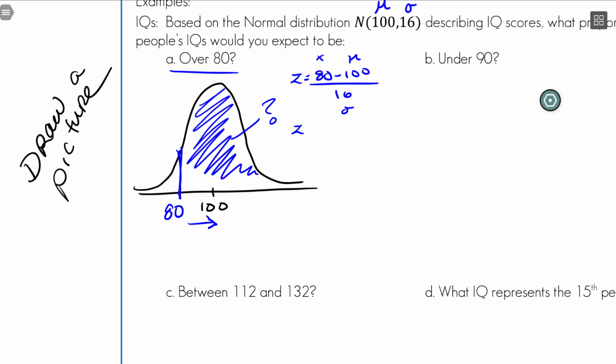Calculating that z-score, we get 80 minus 100. That's going to be, what, negative 20? And negative 20 divided by 16, negative 1.25. Okay, so we have a z-score of negative 1.25, but that on its own does not tell us what our proportion is. What we need to now do is look at the full-on z table. So let's go ahead and do that.